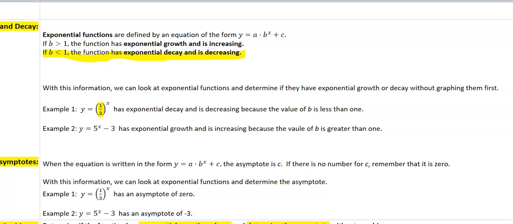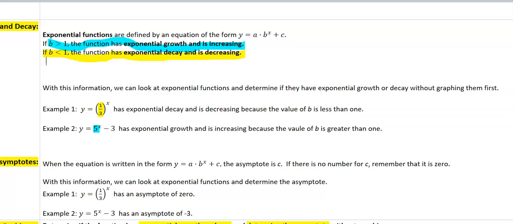But if I go ahead and look at example 2, we have y is equal to 5 raised to the x power minus 3. So let's see, b is 5, which means it is greater than 1. So we have exponential growth, and it is increasing. So without even graphing, we can look at the equations and determine if they have exponential growth or decay.